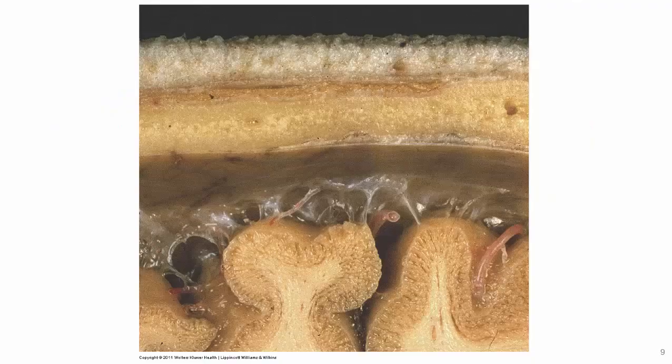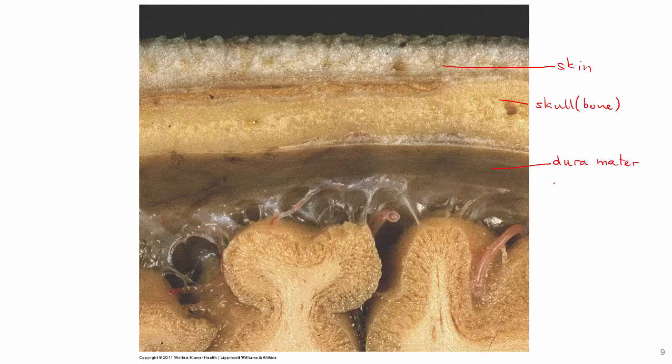Here's a different view of the different layers of the meninges, which we'll again label. Here's the skin. This is the skull bone. Here's the dura mater. So this gives you an insight as to how thick the dura mater really is.